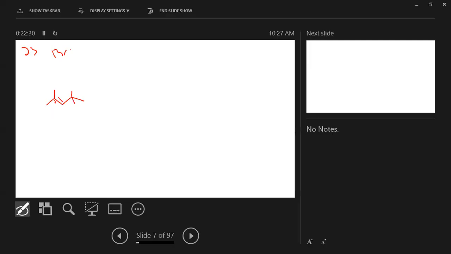And it wants us to draw the major and minor products. Erase that. It's not letting me erase that mark for some reason. Let's just see if we can use it. Oh, there it goes.